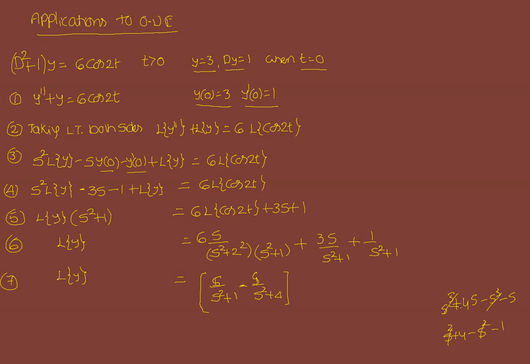So s³ will get cancelled, 4s minus s, 3s. Now it is better to multiply with 2. Plus 3s by (s² + 1) plus 1 by (s² + 1).